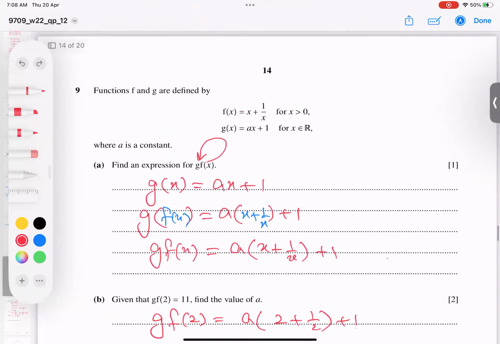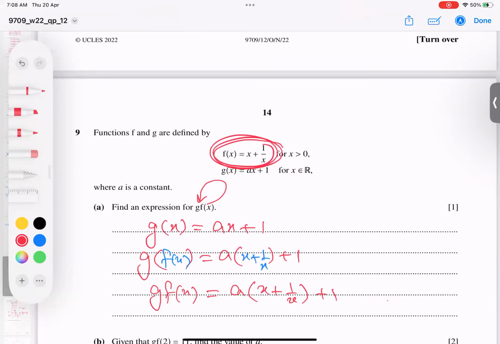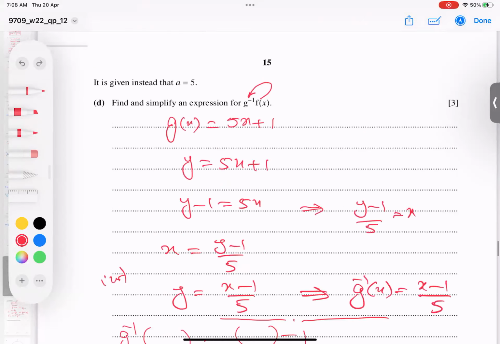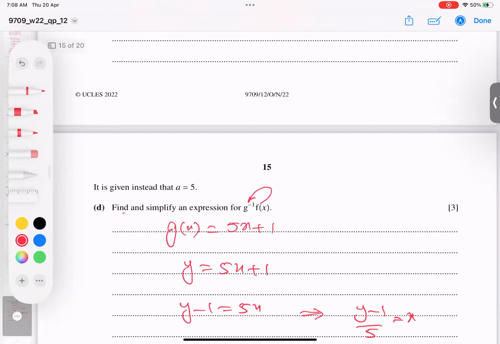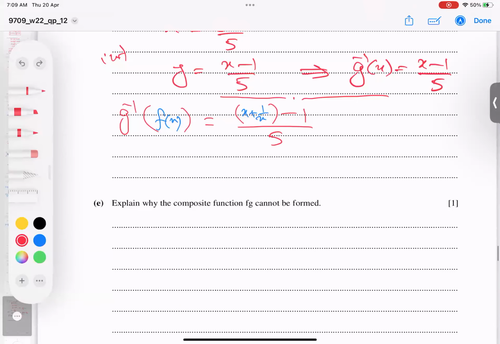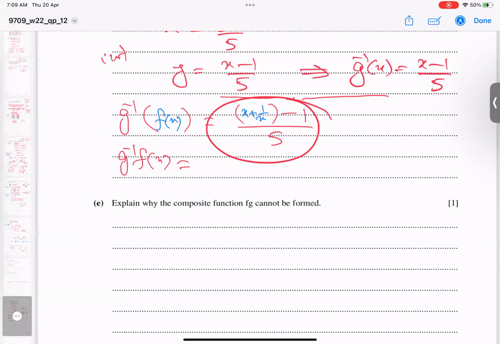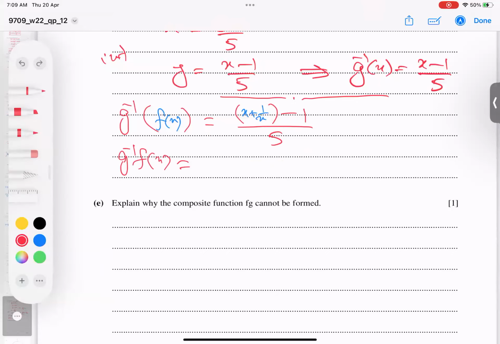It is given here, f(x) is x plus 1 over x. We are putting here x plus 1 over x, and here I'm writing f of x. So I hope the point is very clear. And find this expression, he said, expression. So the left hand side is done, g inverse f of x. Now I will simplify. It is the only way. Take LCM.